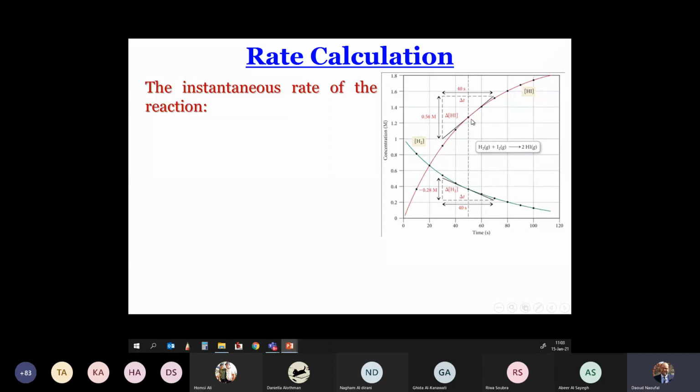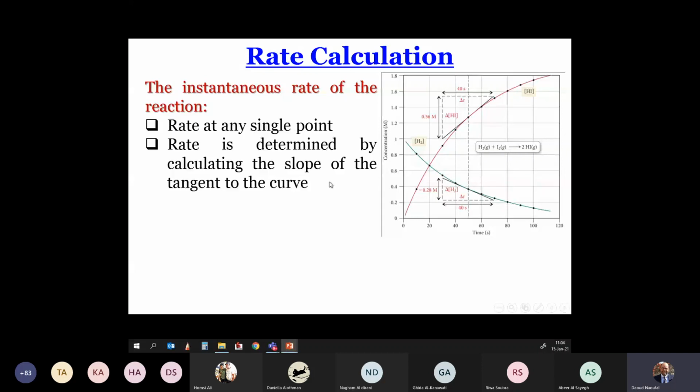Suppose you study the rate of formation at a certain time, you make the tangent, and the slope of the tangent at this time is the rate of formation. So the rate of disappearance or the rate of formation at a certain time t is obtained by making the tangent at time t to the curve of concentration as a function of time.